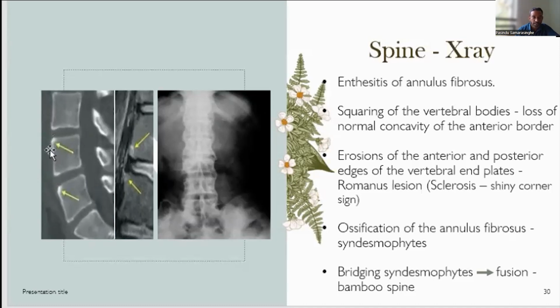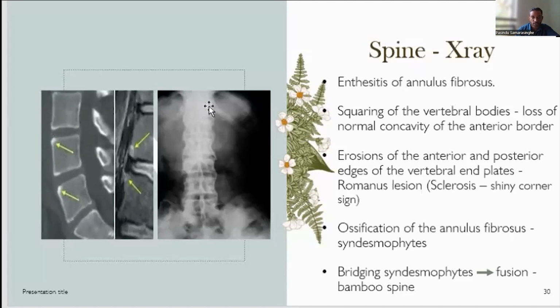And then erosions at the anterior and posterior edges of the vertebral end plates initially lead to slight erosions. So you can see, and then sclerosis leads to increased opacity, and these are called shiny corner sign. And these erosions are called Romanus lesions. So this is due to erosions at the anterior and posterior edges of the vertebral end plate.